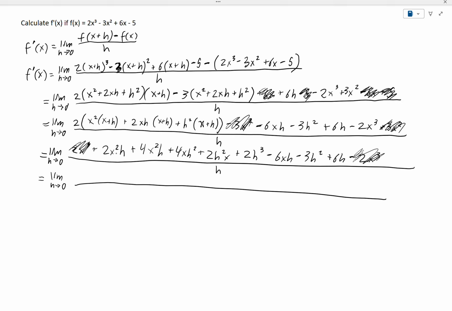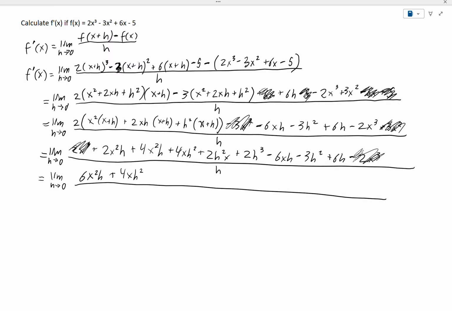So I see 2x squared h plus 4x squared h. And that's all of those terms, so that becomes 6x squared h. Right here I have 4x h squared, and that's the only term of its kind.